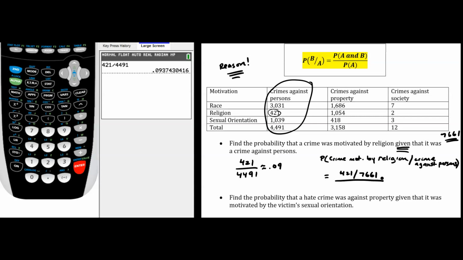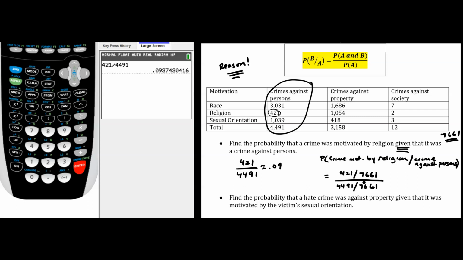And then you would be dividing by the probability of A. Now, A in this case is the crime against persons, and the probability that it's a crime against persons would be 4,491 divided by the grand total of 7,661. So this numerator reflects the probability of this event and this event occurring at the same time, and then the denominator reflects the probability of this event right here.